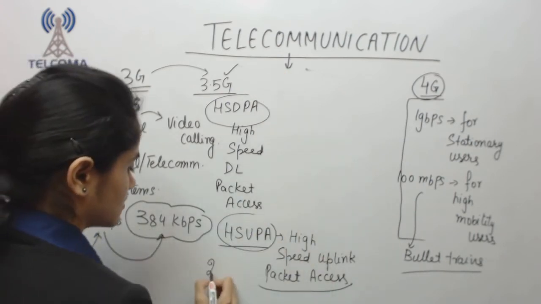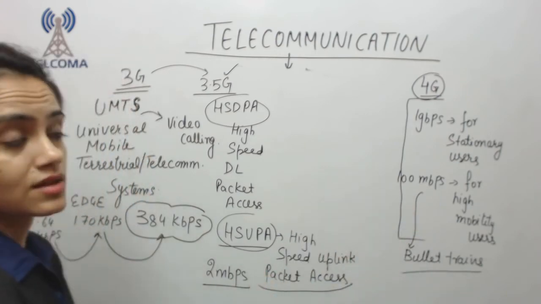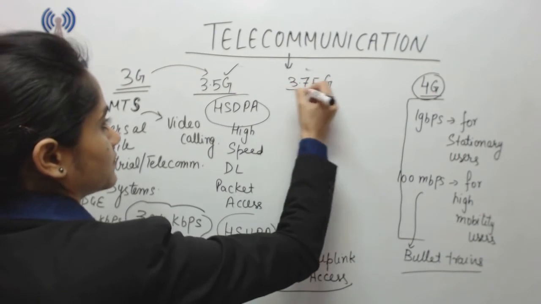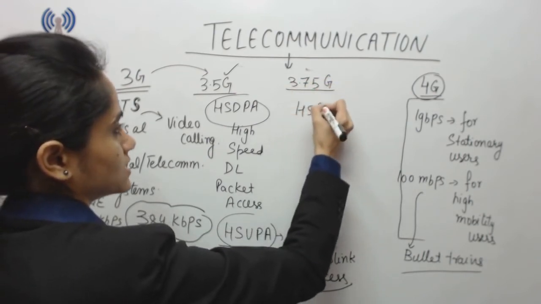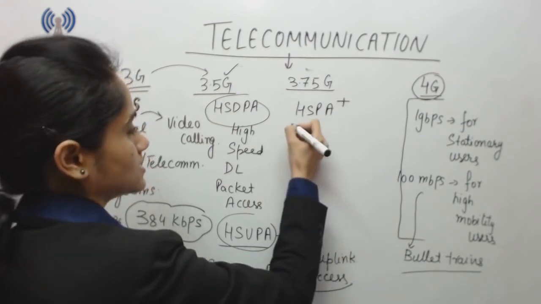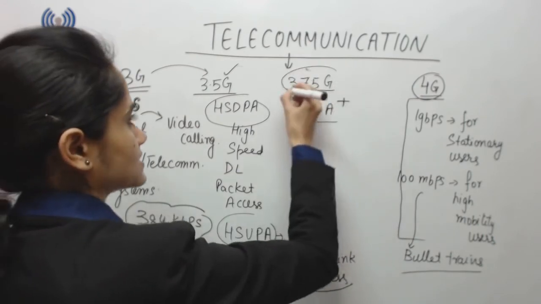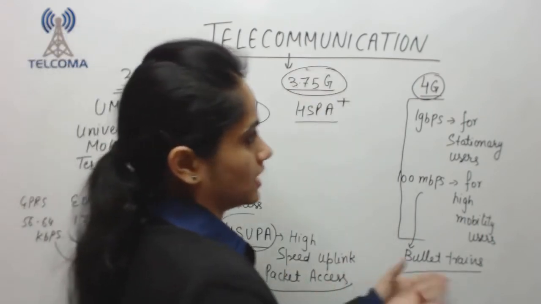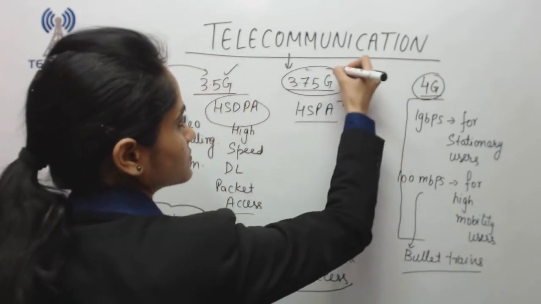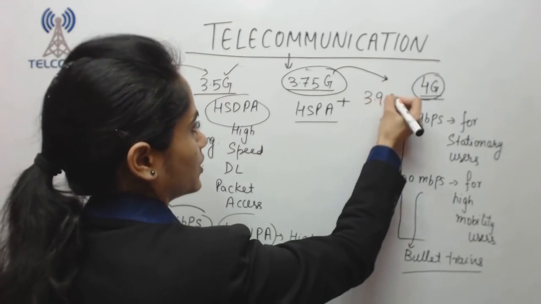Now this is giving us around 2 Mbps, which is the target here. After that we move to 3.75G, with the name HSPA+, where plus represents increased. This is High Speed Packet Access. After 3.5G we require 4th generation, and from this we expected to get 4th generation, but we have 3.9G.